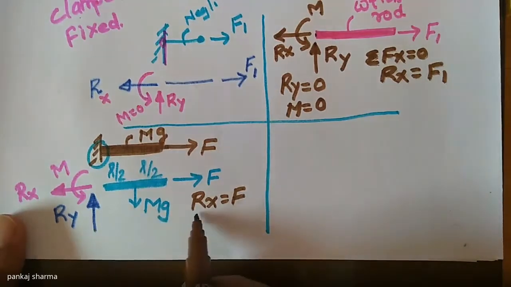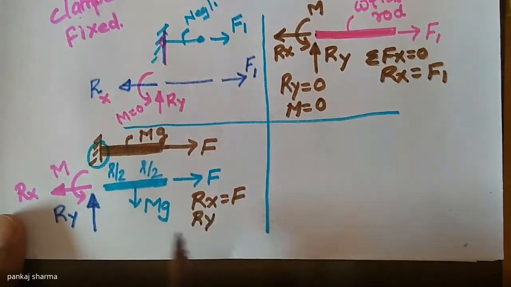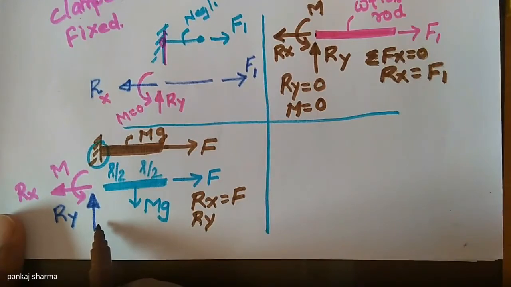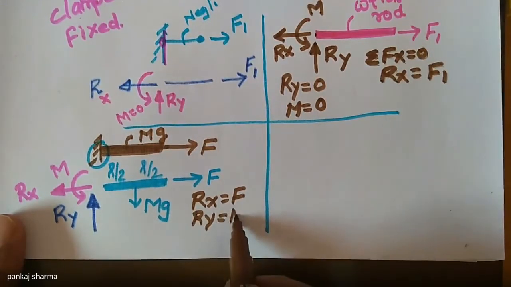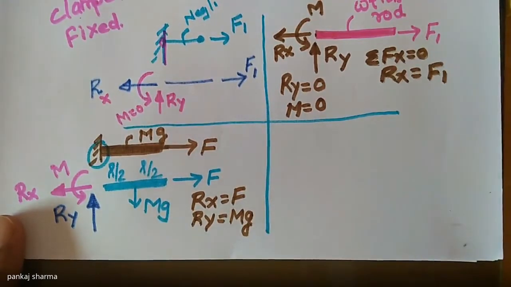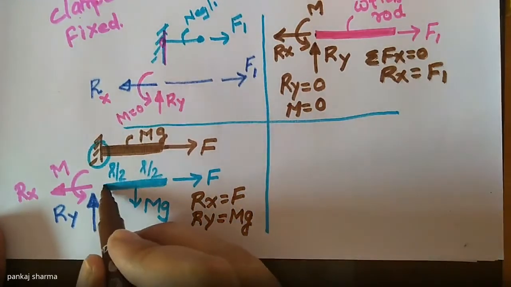So Ry, as assumed upward, minus mg equals 0. Only the weight force is acting, nothing else. And what about the moment reaction?